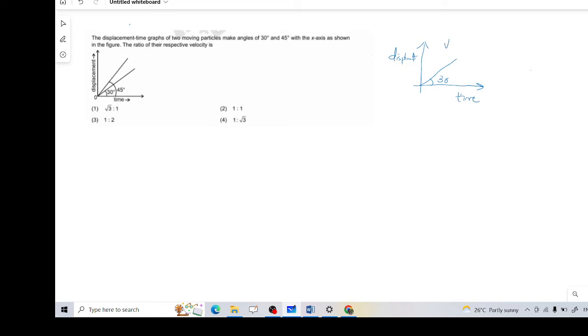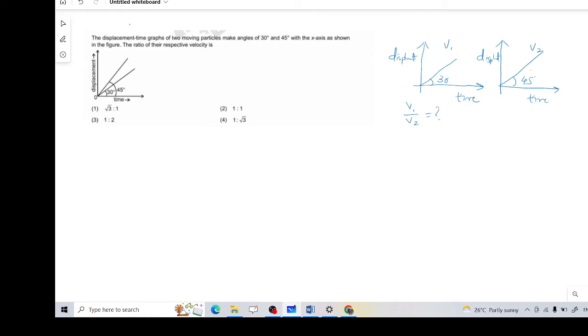So we need to calculate this v1 value, and one more moving particle is moving with an angle of 45 degree. So we need to calculate the velocity v2. Individually we can calculate v1 and v2, and after that we can calculate the ratios.